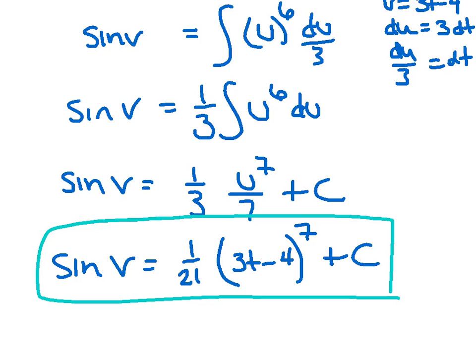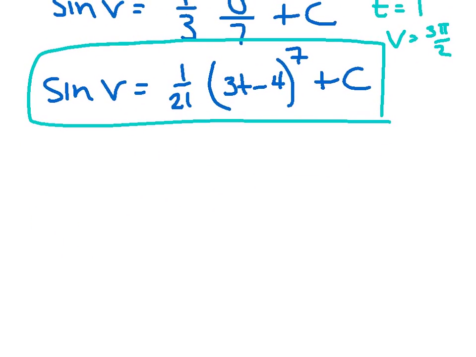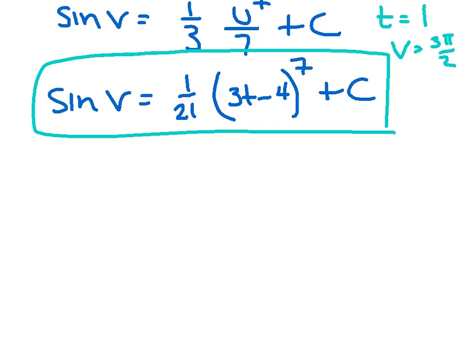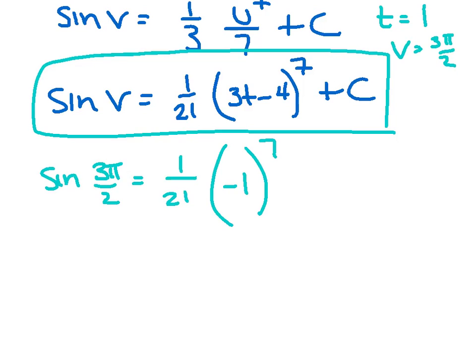All right, let's box that in. Let's go get our initial condition, which I believe was when t equals 1, my velocity was 3 pi over 2. So I should have the sine of 3 pi over 2 equals 1 over 21 times, plugging in 1, 3 minus 4 is negative 1 to the 7th, plus c.